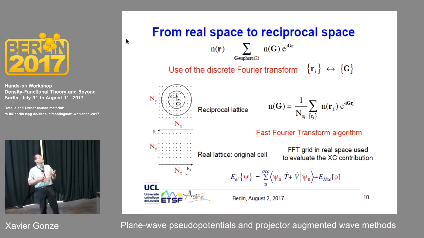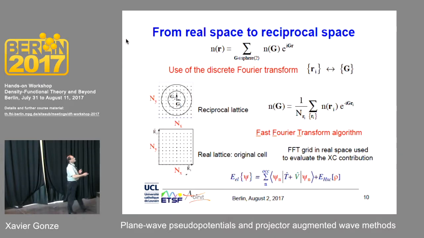It's not scaling as the product between the reciprocal space basis set size and the number of real space points that we want to compute. It's something much more clever that scales linearly with respect to such numbers times the logarithm of these numbers. So we switch easily from the reciprocal lattice with these two spheres to the real lattice, which is actually a sampling of the original primitive cell.